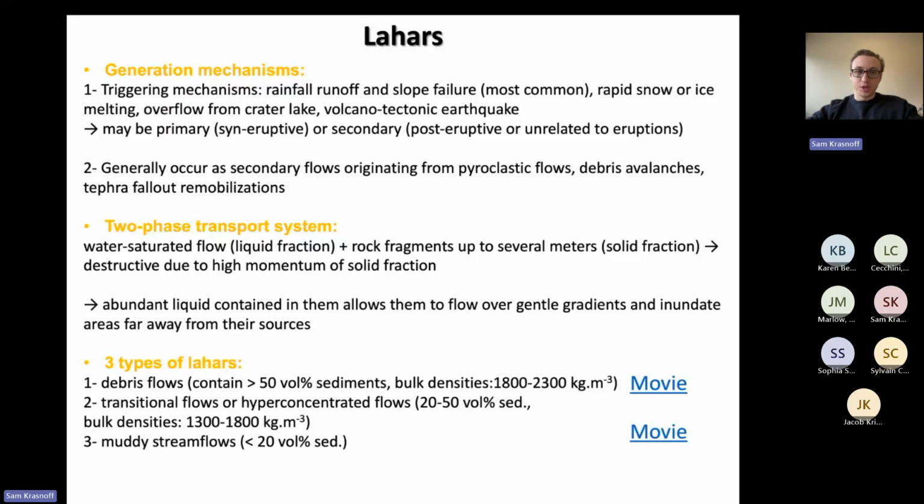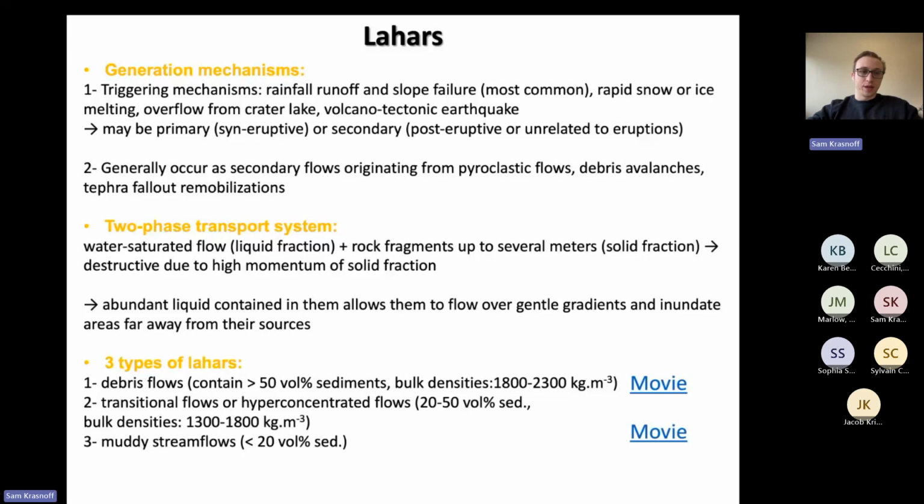What often generates them are rainfall runoff and some type of slope failure, or rapid snow or ice melting, overflow from a crater lake, or at worst, a tectonic earthquake. Generally, it comes from a large amount of water or liquid in a very short amount of time. It can be syneruptive or post-eruptive, but it generally occurs as a secondary flow originating from a pyroclastic flow, some type of debris avalanche, or something like tephra as well.